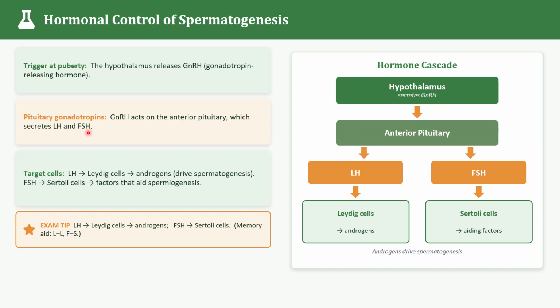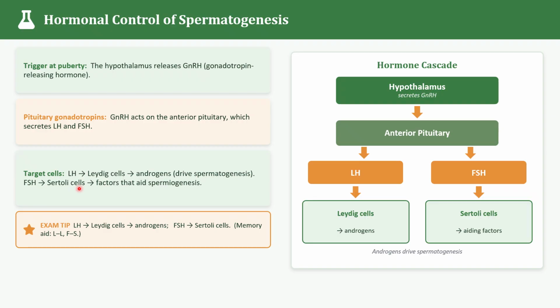See, this luteinizing hormone acts on the Leydig cells to produce the testosterone, that is an androgen. And this follicle stimulating hormone acts on the Sertoli cells, which nourish the developing sperm cells.